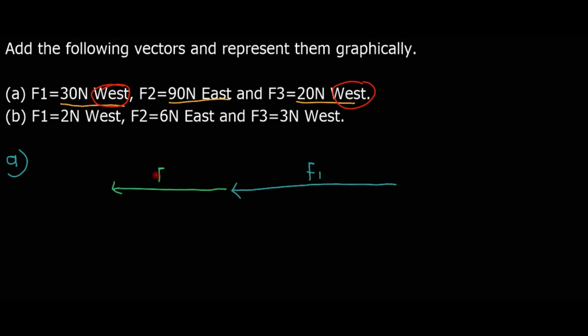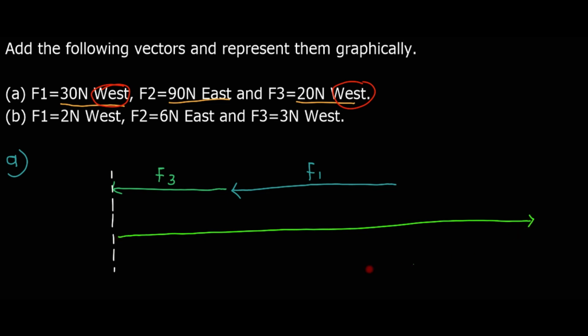This one is F3, and then because we are using tail to head, the head of our last vector is this one. So when we draw our next vector, we expect it to be like this. This one is F2. The reason it is long is because it is 90, because this one is 30 and 20. 30 and 20, even if you add them, are equal to 90, so we expect this one of 90 if these forces are combined.